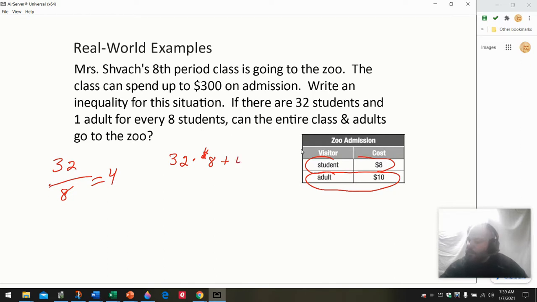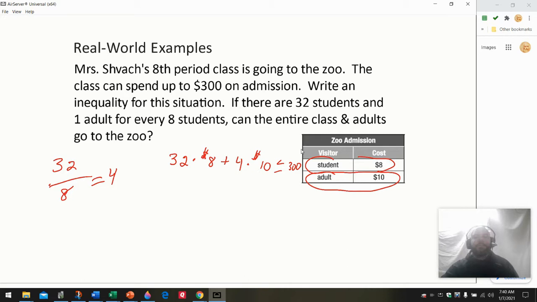Well, if we have 4 adults go, and each adult ticket costs $10, it's going to be 4 times 10. And that total amount that we spend has to be less than or equal to 300. So we have 32 times 8 plus 4 times 10, and that number should be less than or equal to 300.